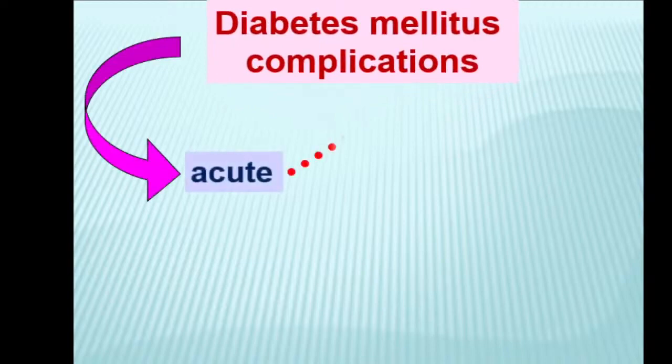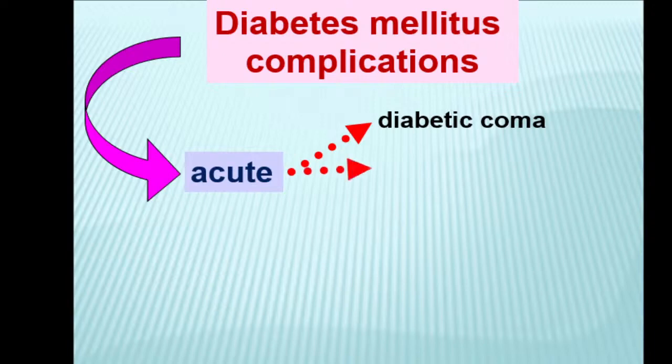I told you that diabetes mellitus, due to involvement of all metabolic processes and pathological processes, may be complicated with some specific clinical manifestations. All complications are divided into two groups: acute, which are diabetic hyperglycemic and hypoglycemic coma.